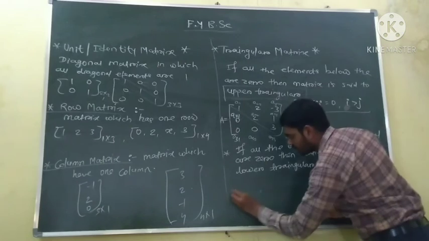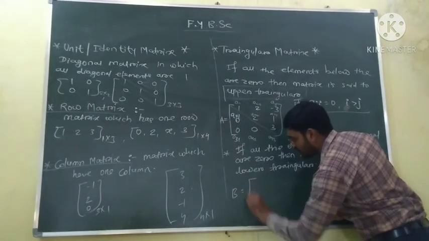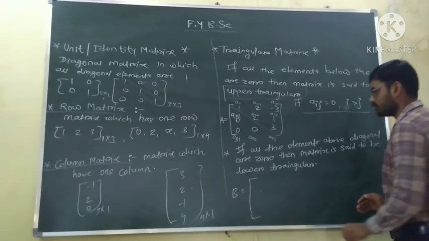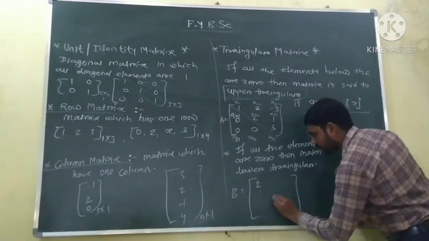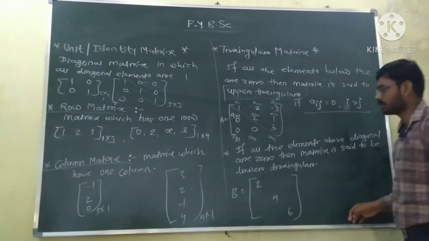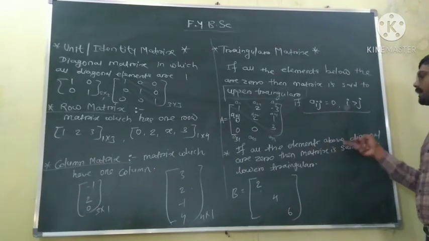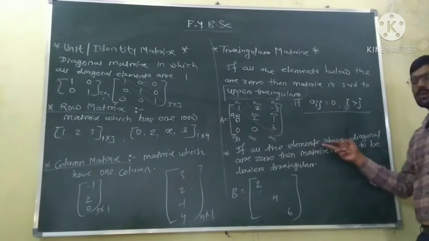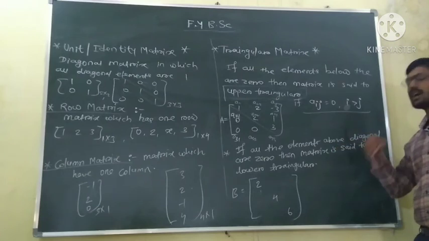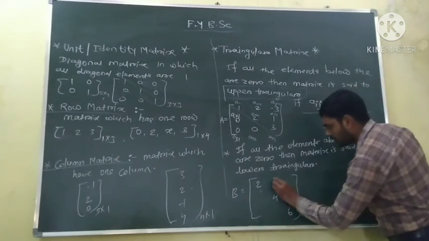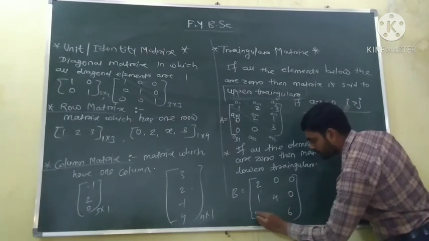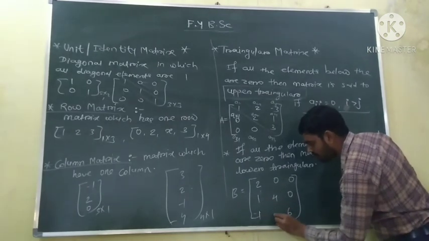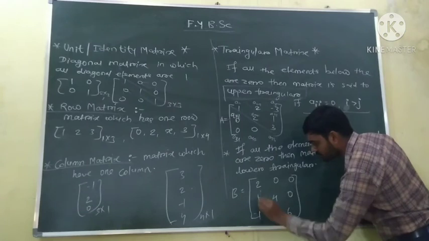For example, matrix B is equal to 2, 4, 6. In a lower triangular matrix, all the elements above the diagonal are 0. Say this is equal to 1, this is equal to -1, this is equal to say 3.